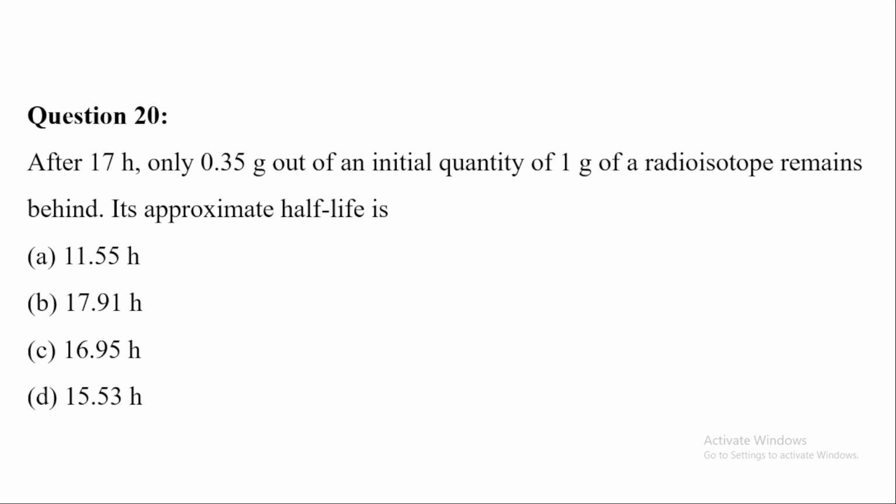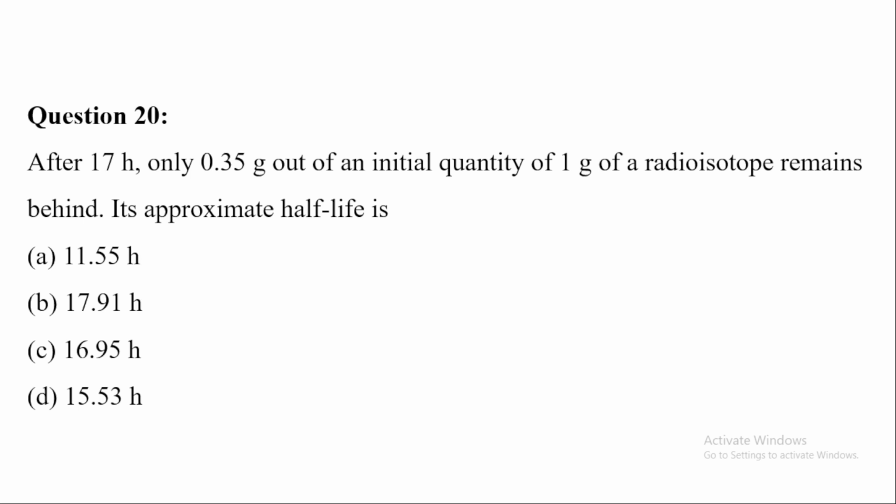So the next question, number 20. After 17 hours, only 0.35 grams out of an initial quantity of 1 gram of radioisotope remains. Its approximate half-life is. So the initial amount was 1 gram.